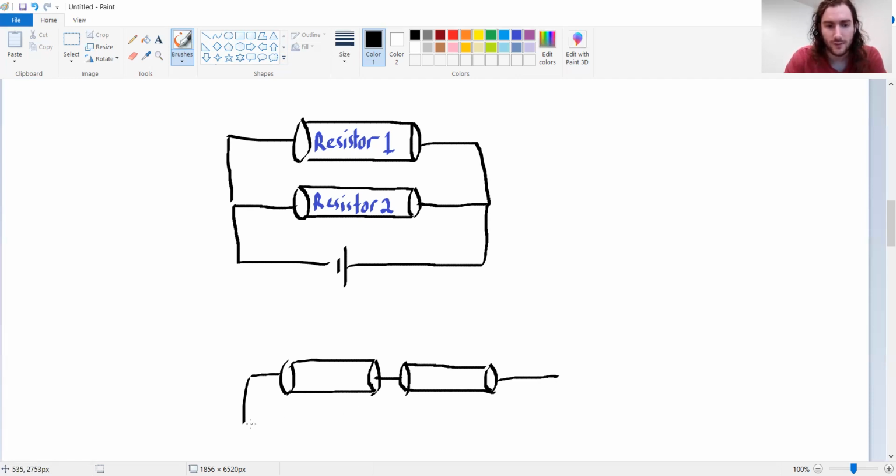So here we have two resistors connected in series. Now what happens? Anybody can answer this. One over area plus one over area is not the right way to go about this.